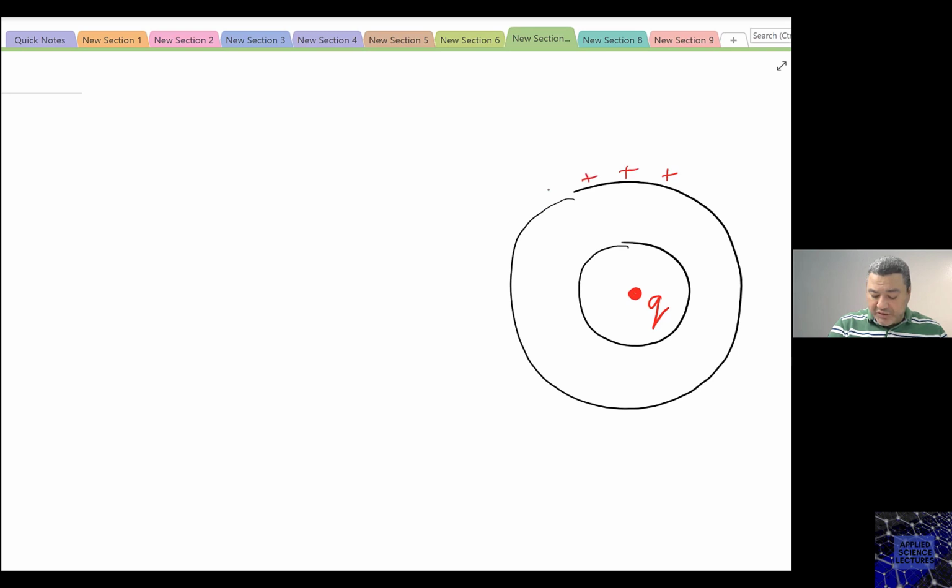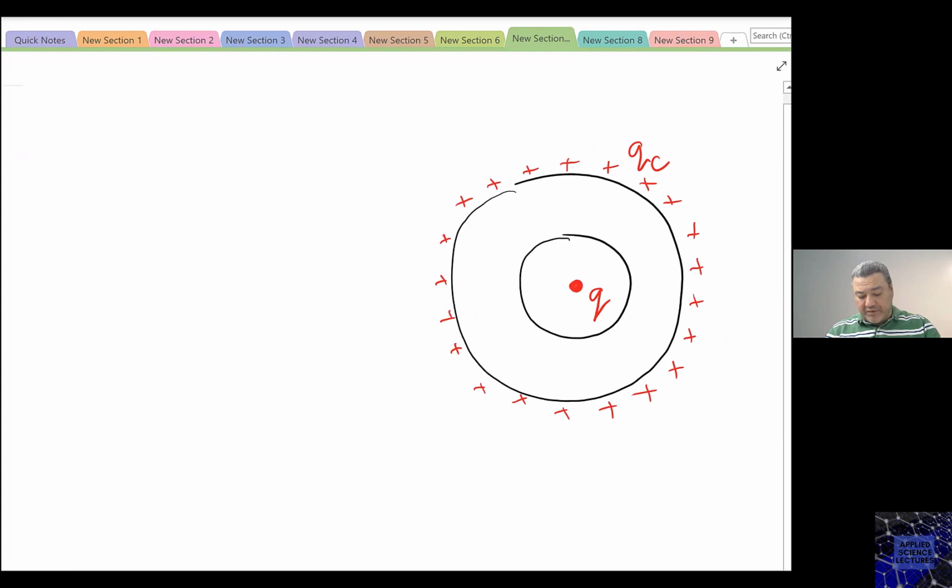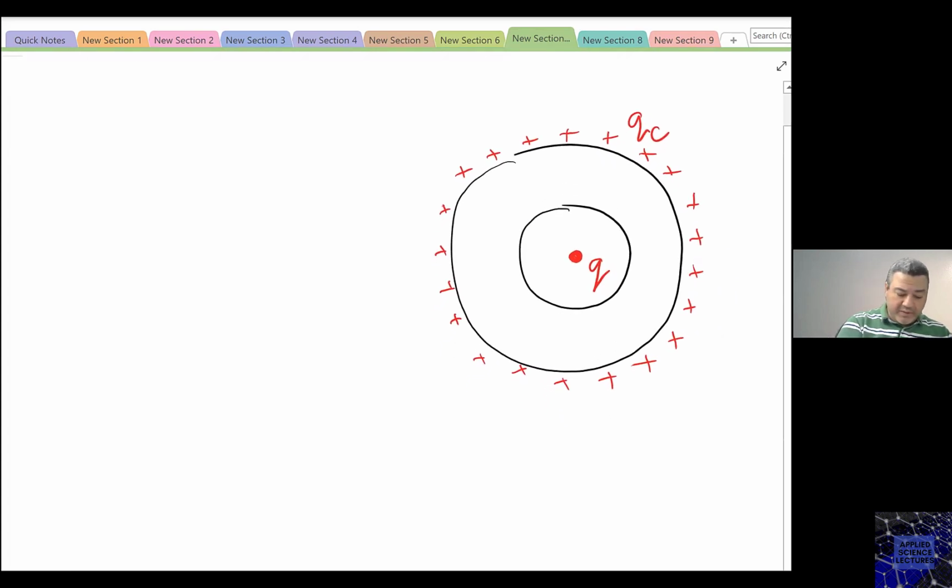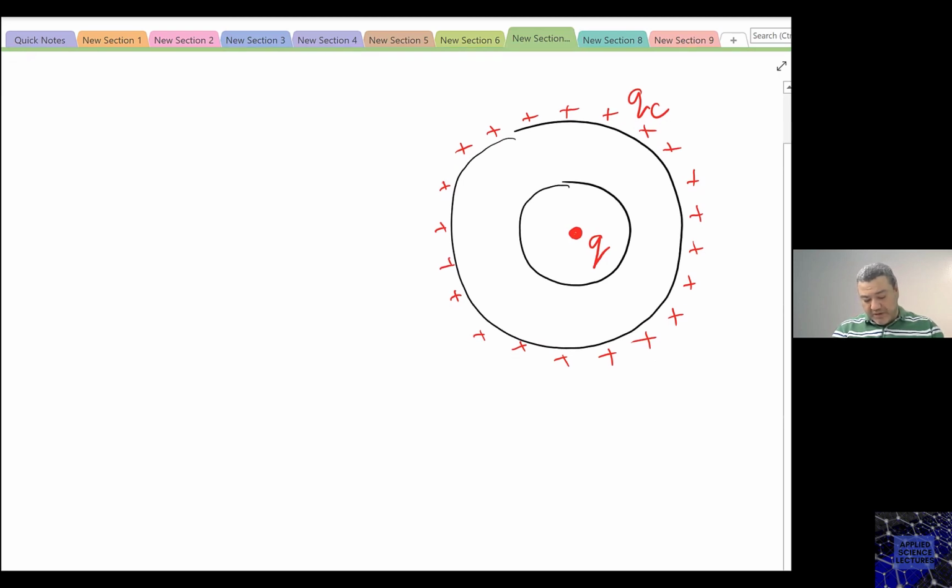Then we have this positive QC that is introduced to the spherical conductor, and those charges now are distributing themselves at the outer surface of the spherical conductor. This is a QC. So I have introduced two charges to this spherical conductor: the point charge at the center and the QC on the surface of the spherical conductor.